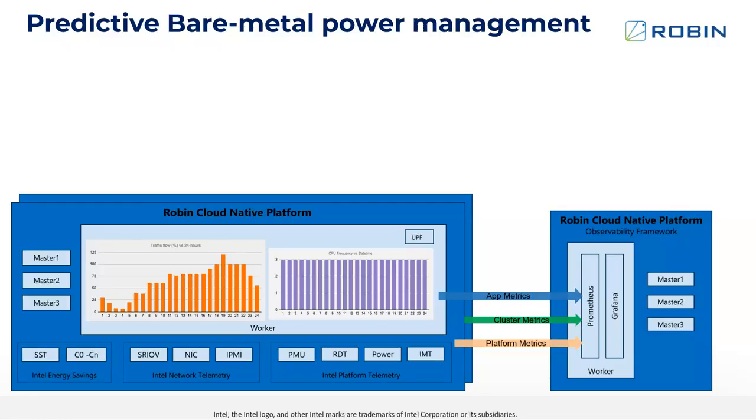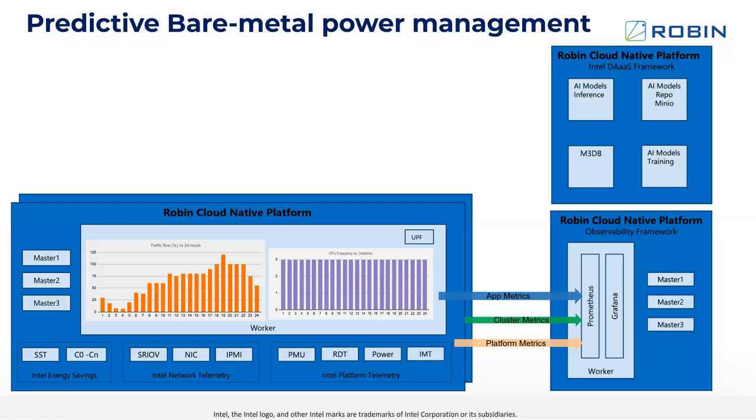And we have in Robin Cloud Native Platform a Prometheus endpoint configured that receives all the appropriate cluster information, application information, and platform information into Prometheus, and creates an approach where you can start training a model to understand exactly what the components are over time, or how much resources they consume. Create an AI model that could then be used to create an inference from the model, and take the inference from the model and then drive actions back into the infrastructure.